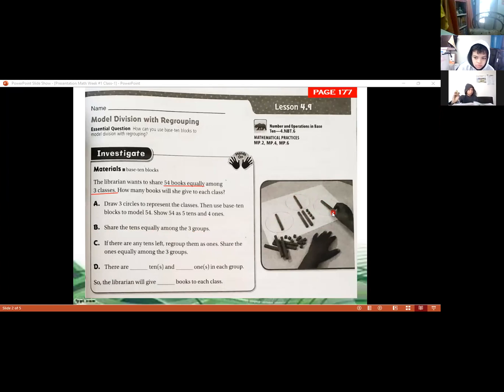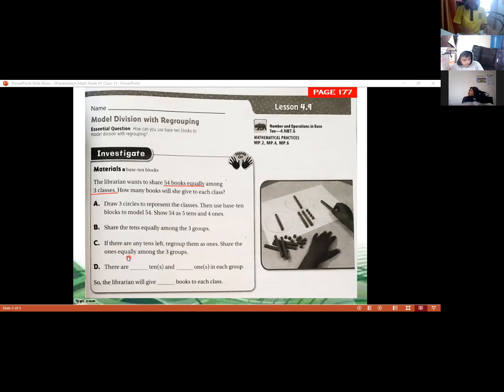Now, we share the tens equally. We cannot continue sharing these 2 tens because we only have 2, and we need 3. So we just have 1, 1, and 1, and 2 tens left over. But it says step letter C. Letter C, it says, if there are any tens left, we have 2 tens left, regroup them as ones.